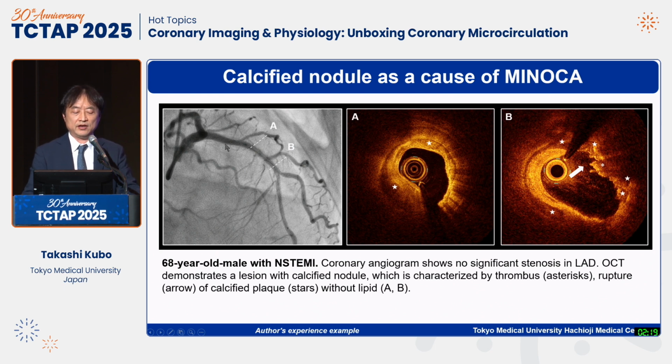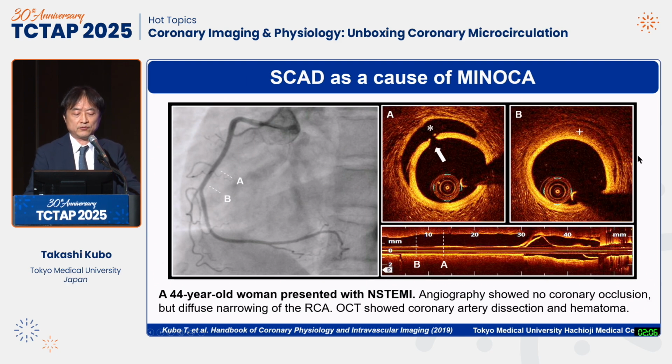A 68-year-old male with non-STEMI. Angiography showed no stenosis, but OCT demonstrated calcified plate and calcified nodule protrusion. And this is a 44-year-old woman presenting with non-STEMI. Angiography showed no significant stenosis in RCA, but OCT clearly detected spontaneous coronary artery dissection and intramural hematoma.